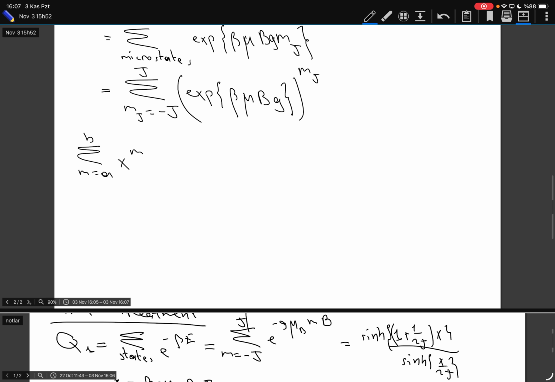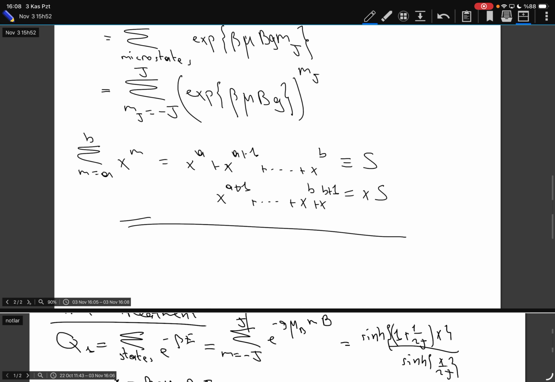When you don't remember these expressions, and I also fail to remember them, it's easy to calculate. Write x to the a, x to the a plus 1, up to x to the b. The trick is just to multiply this sum by x. This gives x to the a plus 1 up to x to the b plus 1.